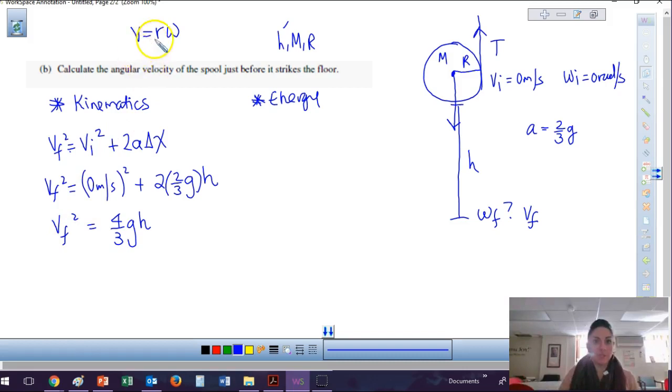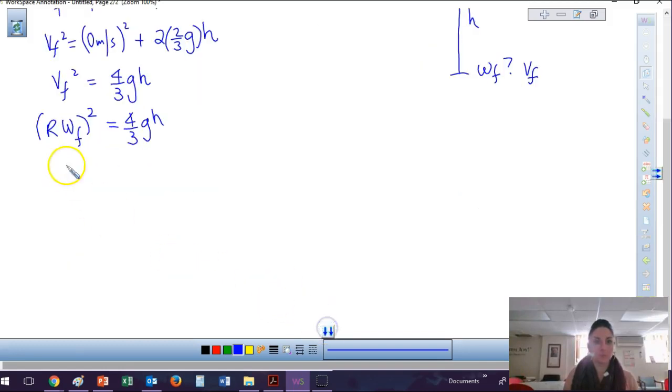So v is equal to r omega. I'm going to take this and make this into capital R, and omega, but this whole thing is squared, equals 4/3 gh. Now I distribute the square, so I have R squared omega final squared equals 4/3 gh.